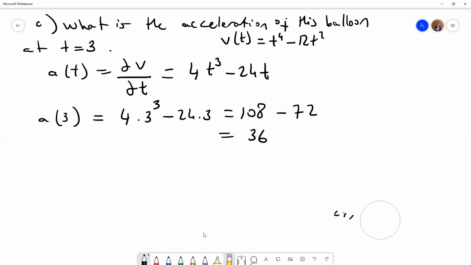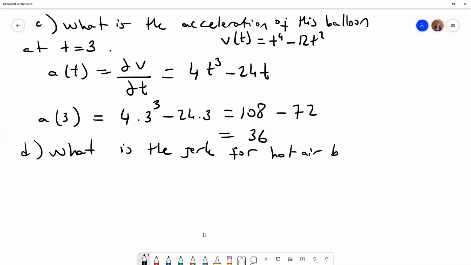And finally, there's one more question. What is the jerk for, again, hot air balloon at t is equal to 3 again? Jerk is the derivative of acceleration with respect to t.